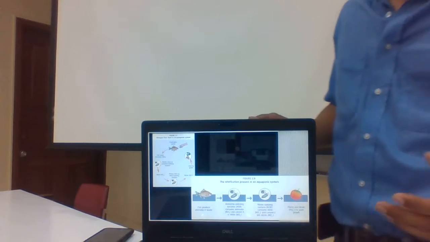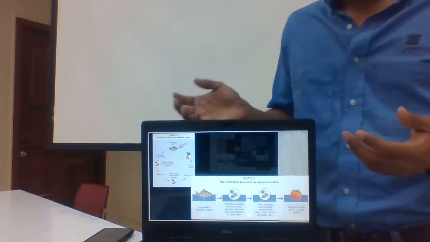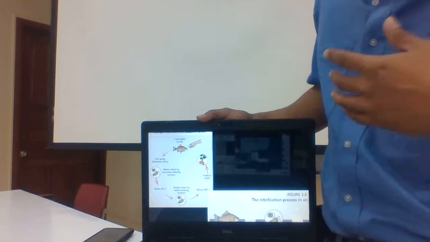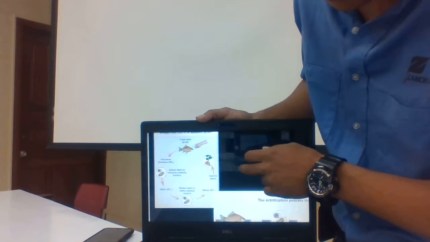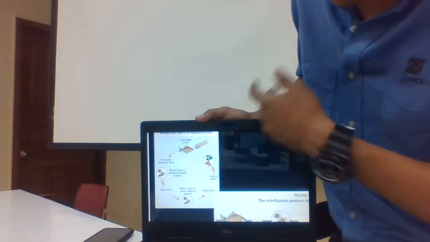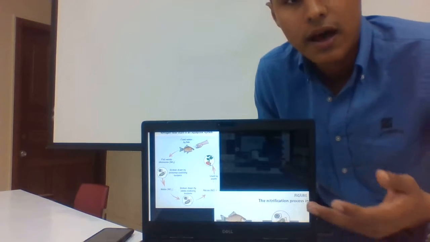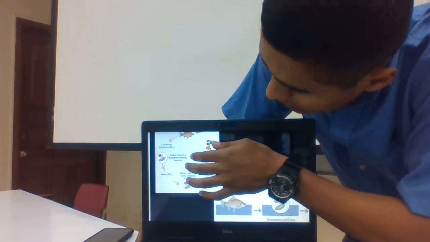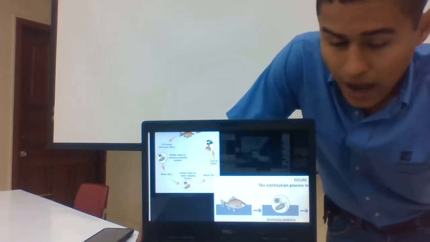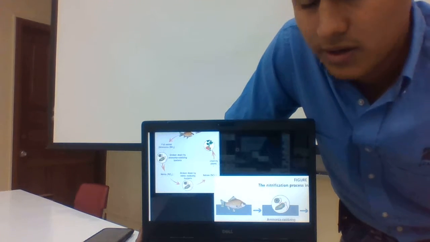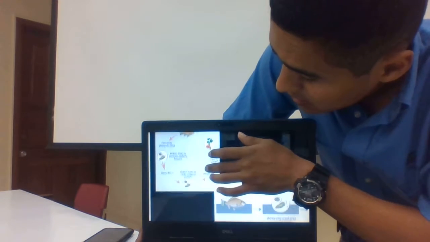As I said before, this is the diagram that explains how bacteria are acting. First, you give food to the fish. The fish produce waste that produces ammonia, and this ammonia is broken down by being oxidized by a bacteria called nitrosomonas.